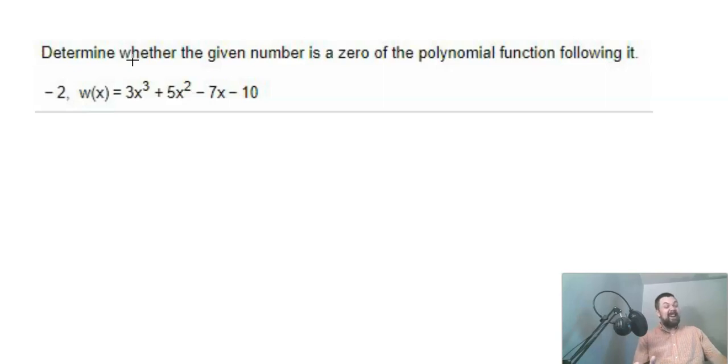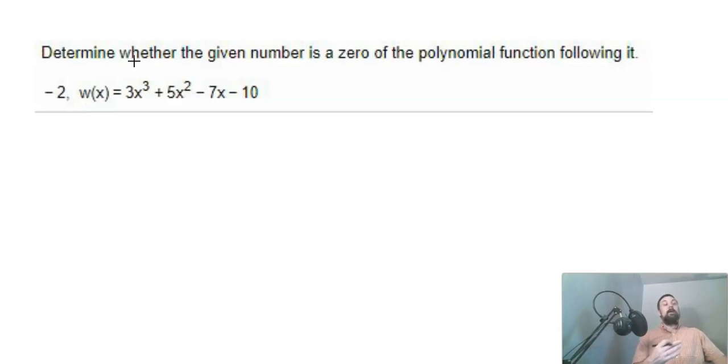Now, usually it's a bad sign if that's the way you're doing this problem, because it means you probably aren't going to do well with the other problems where you have to use division to ascertain this characteristic of the polynomial. But on this one, you could get by without using division to see if it's a 0 just by plugging it in. But that's not the way you're supposed to do the problem.